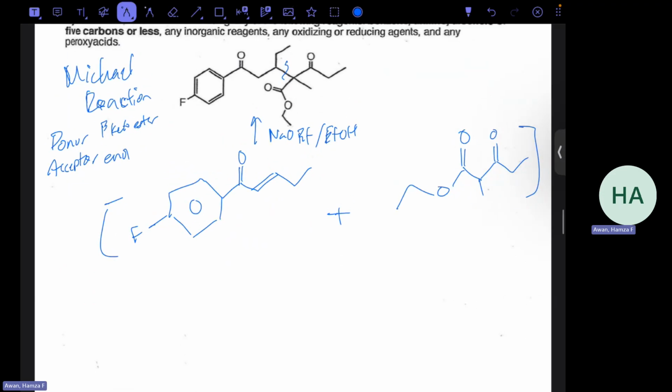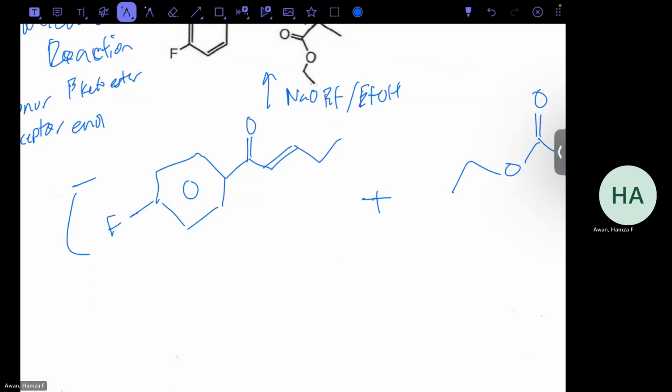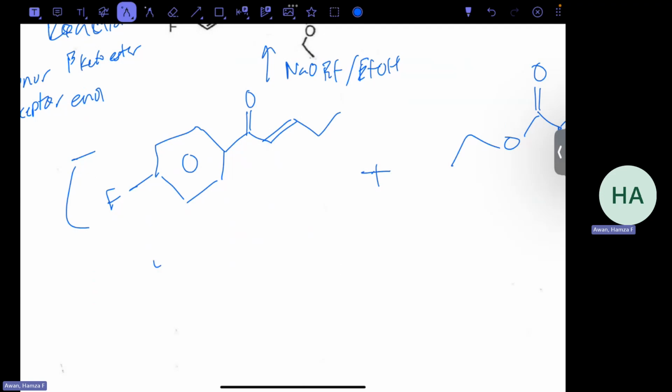So if we go onto the left side, okay. Next step, so we have to get rid of the double bond in this one.